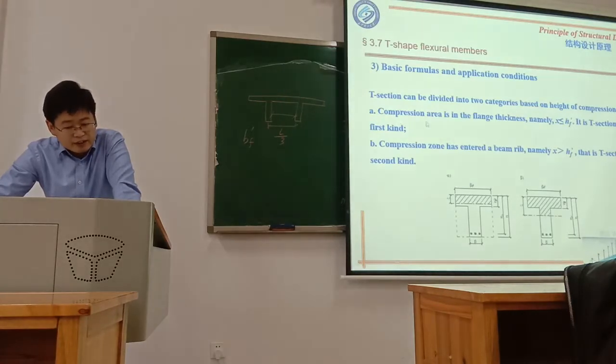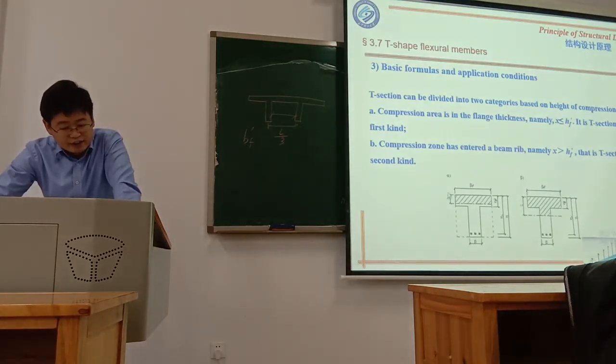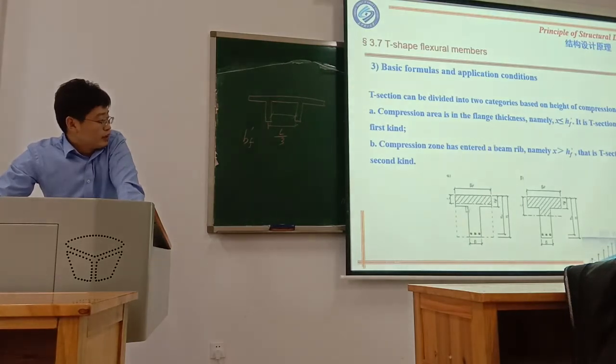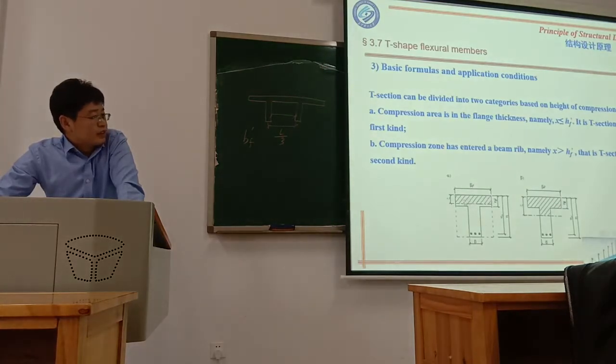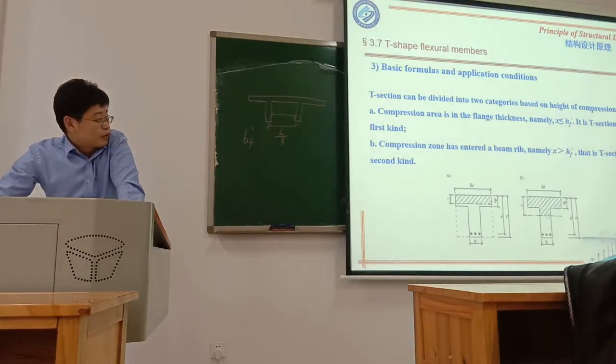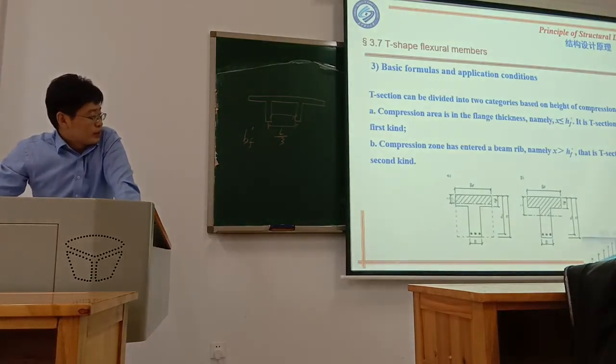One is that the compression area is within the flange thickness, just like this, only the flange, the plate, is in compression. Another situation is not only the flange but also the rib, part of the rib is in compression.